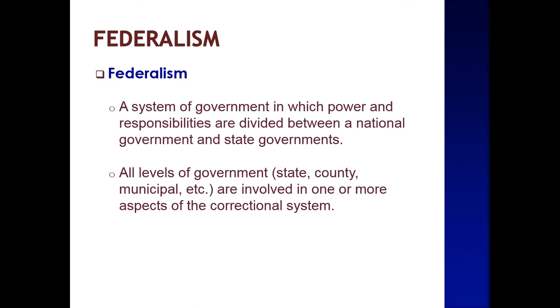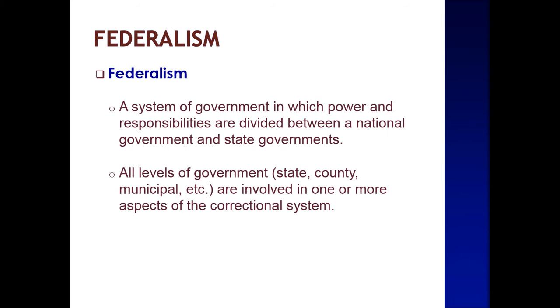Every single state in this country, including Washington, D.C., has their own corrections department. They run their own prisons. They may be federally governed to a certain degree, but they pretty well do what they want to do. Each state does what they want to do with their own prison system. And then you have the federal prison system, which is independent of that.